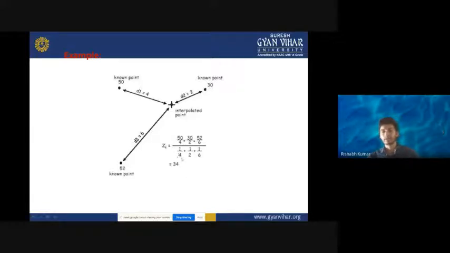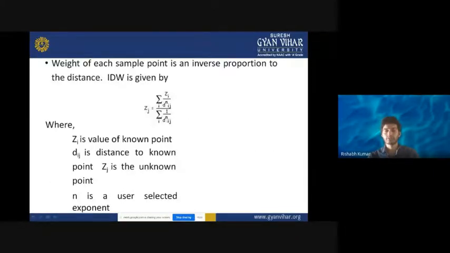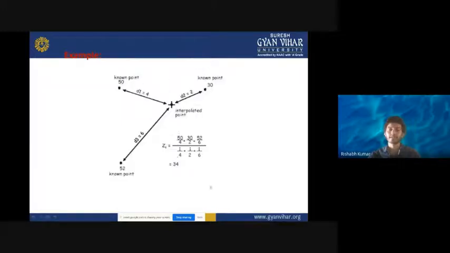Okay, here same, 1 by 4 raised to power 2, 1 by 2 raised to power 2, 1 by 6 raised to power 2, if we would take n equal to 2, but in this example we have taken n equal to 1. So this is how you will find out the distance using IDW method.